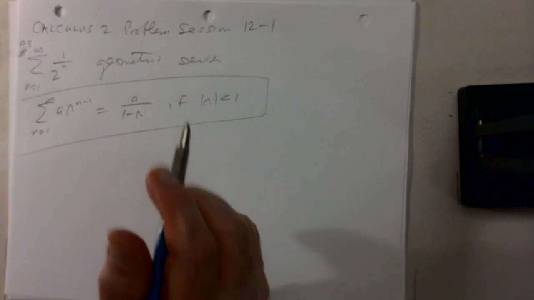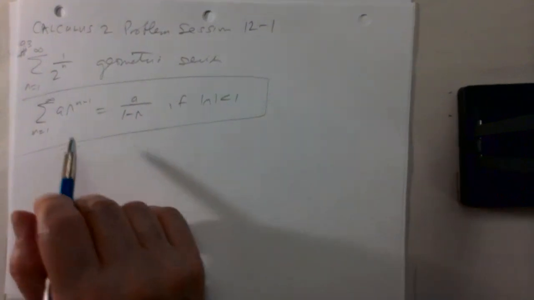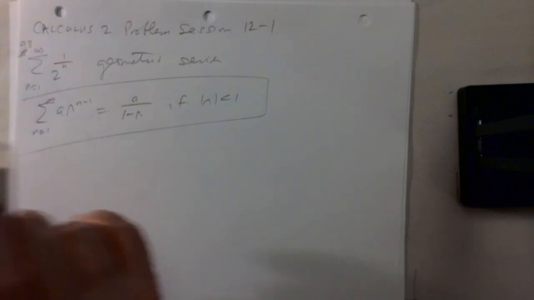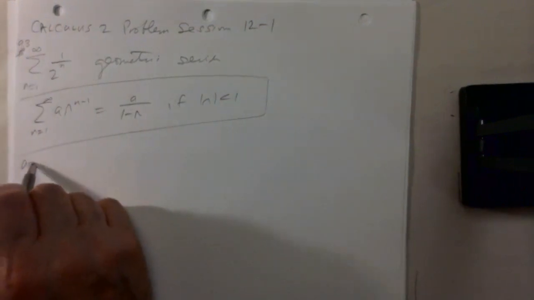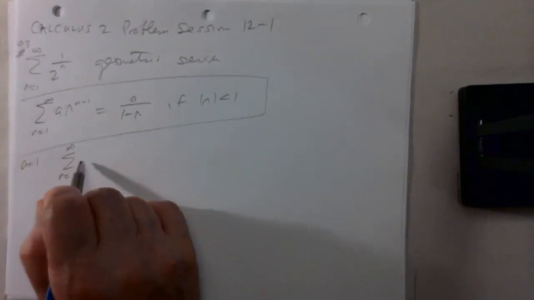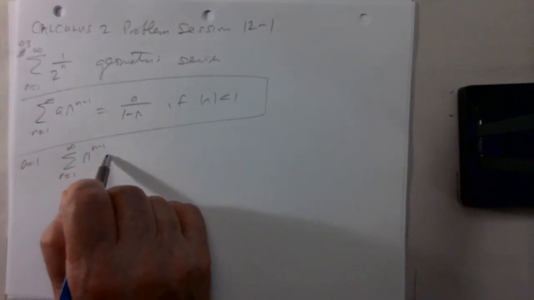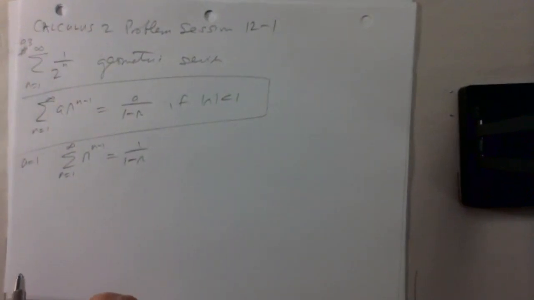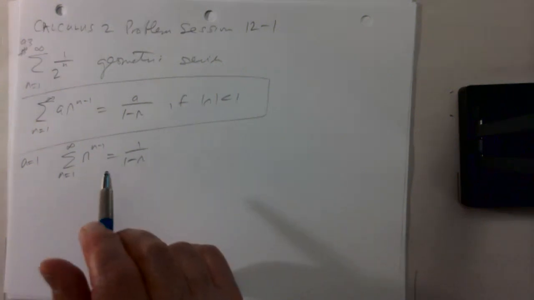So this is the most fundamental fact about series. This geometric series converges. If a is equal to 1, this is just summation n goes from 1 to infinity, r to the n minus 1 equals 1 over 1 minus r.